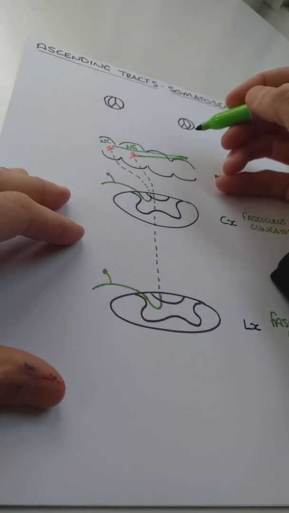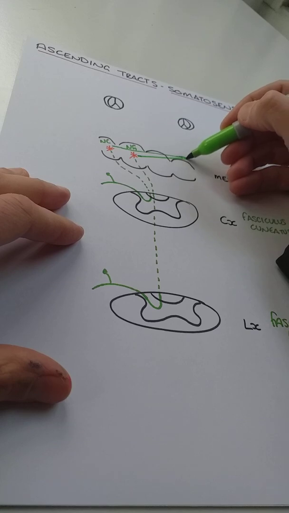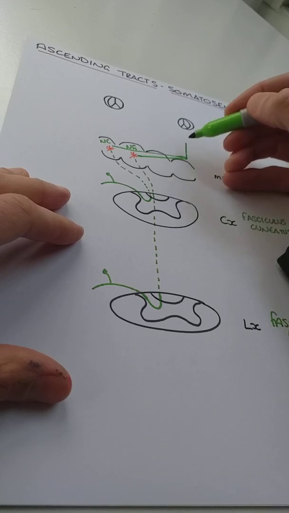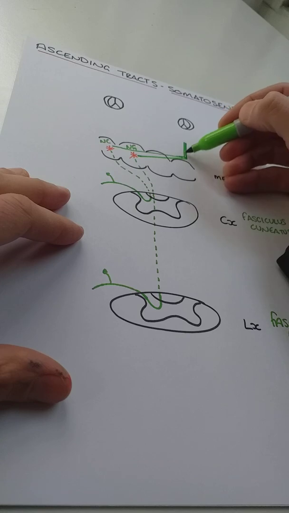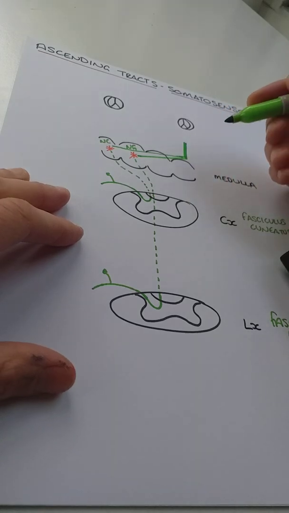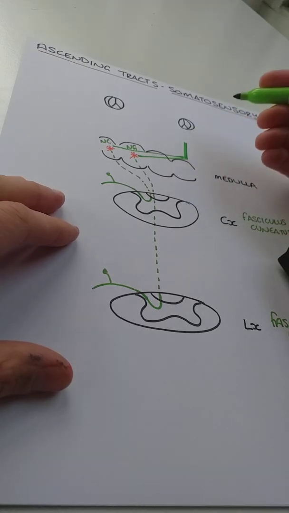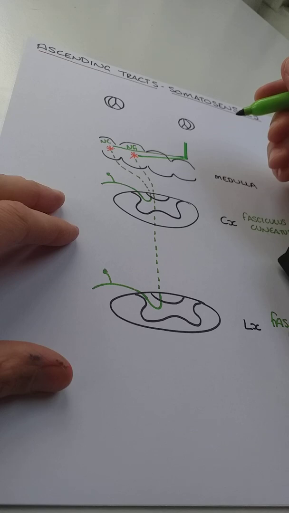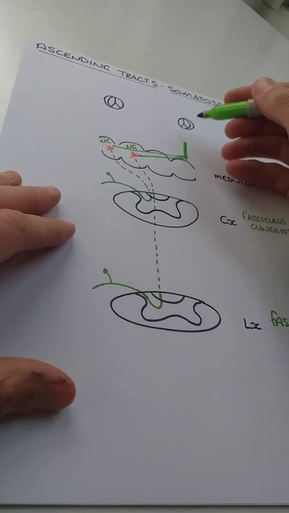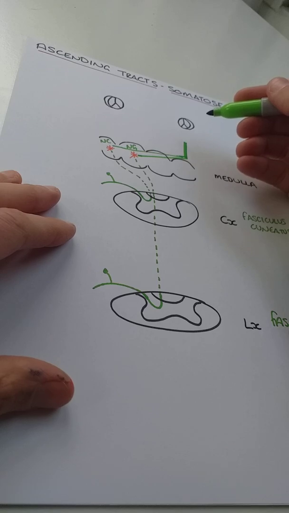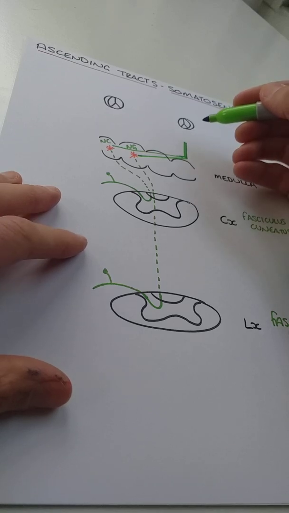So they were two, and now they head up towards the thalamus as one flat and fat neuron, and that's now called the lemniscus. So it's just them joined together, and a little bit squashed and flat.